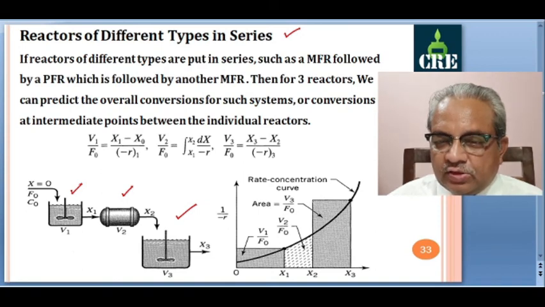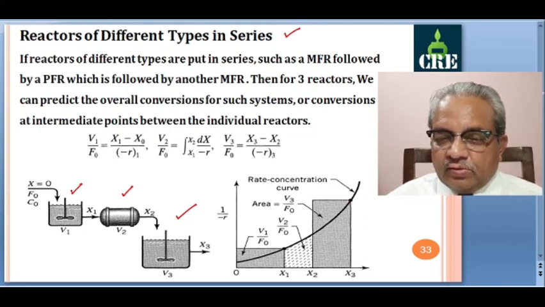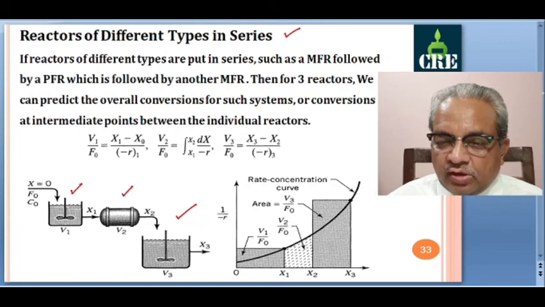So at this exit concentration, you draw a parallel line to the x-axis up to this point where it cuts. You start with this point. Then x1, another intermediate concentration, V2 by F0. Here it is not a rectangle but the area under the curve because it is a PFR.